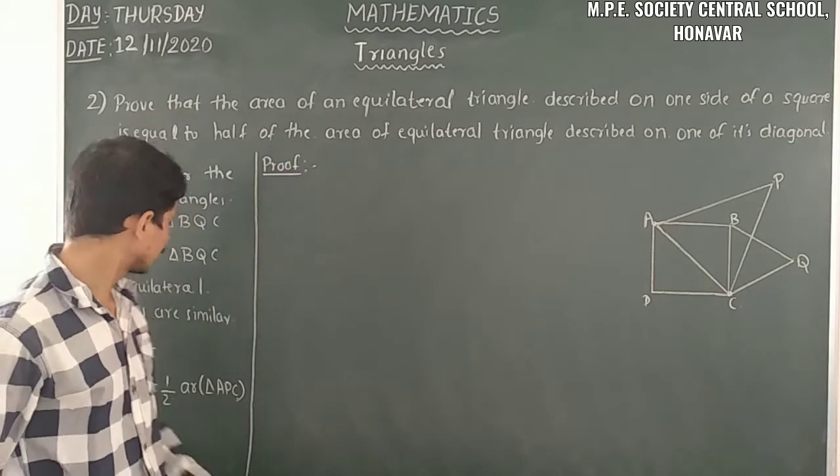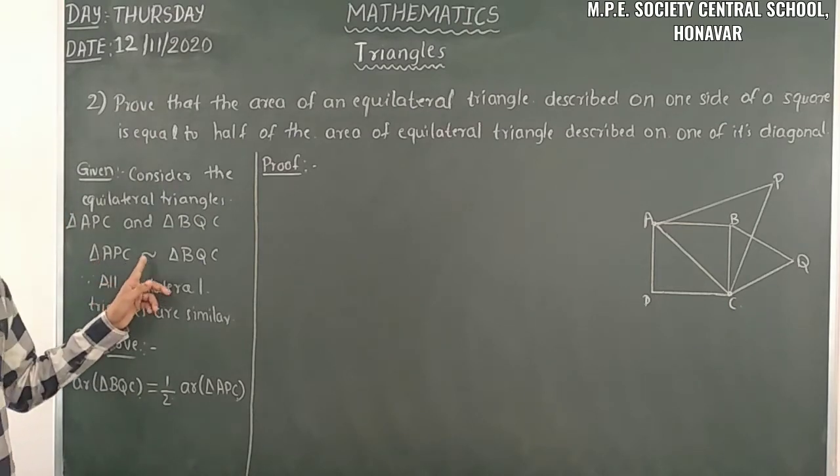How can we prove that? Here we have triangle APC similar to triangle BQC. So we can easily apply the theorem on areas of similar triangles. Triangle APC is similar to triangle BQC.